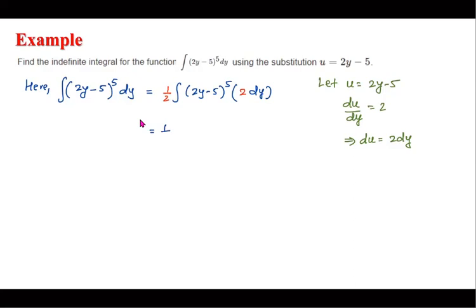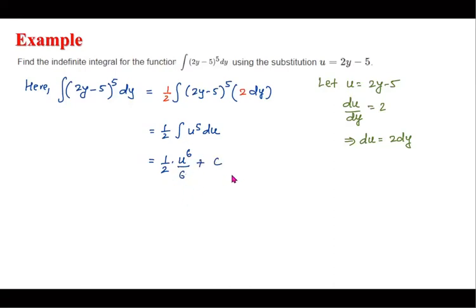So we have a half integration of 2y minus 5 is a u. So that becomes u to the 5 or u raised to the power 5. And 2 dy is a du, which is equal to half multiplied to, if we integrate this, we increase the power by 1 and divide by the new power plus c.